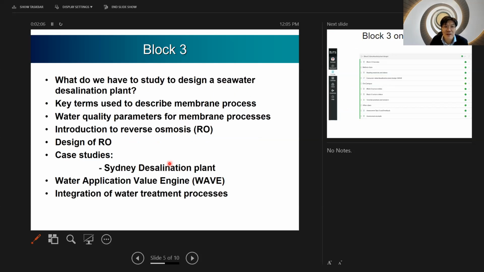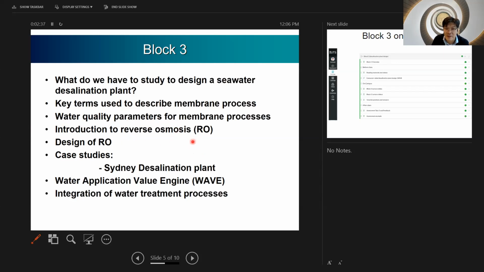So today, block 3 is about how to design a seawater desalination plant. We have to know the role of seawater desalination processes, key terminology used to describe the membrane process, and the important water quality parameters for designing this seawater desalination plant.